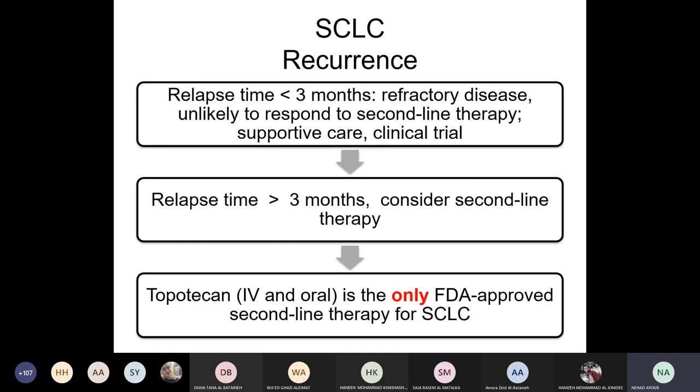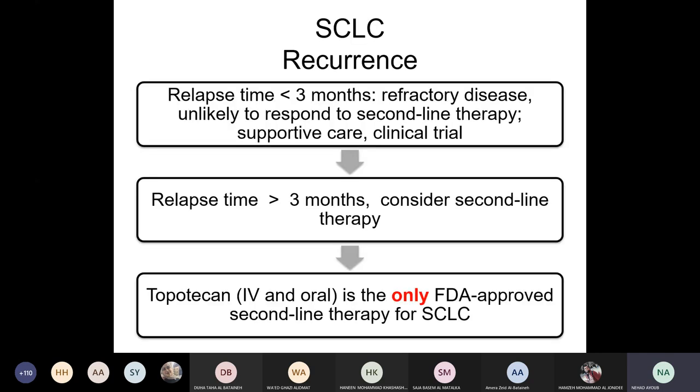If you treat with oral treatment you get the same outcomes as IV, so IV has no advantage in second line management of recurrent or relapsed disease. For these patients we can try. We don't expect the response to be great, but we can try. So we have second line treatment for small cell lung cancer with prolonged relapses.